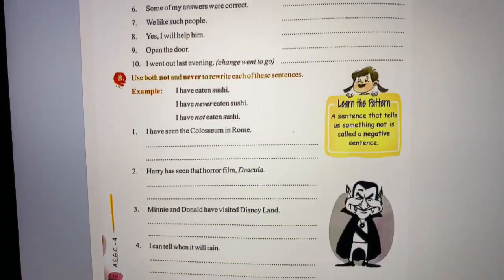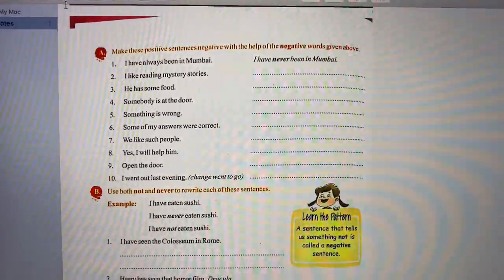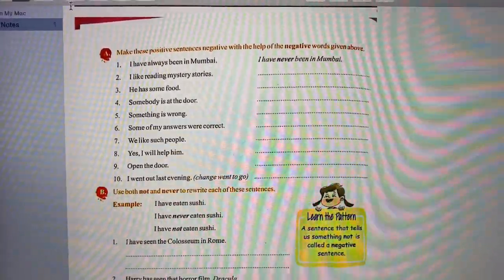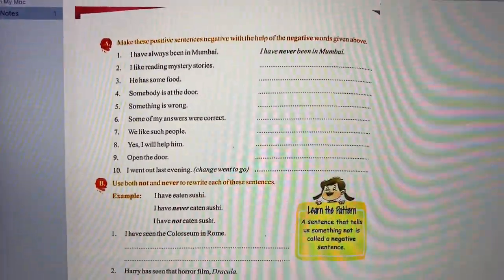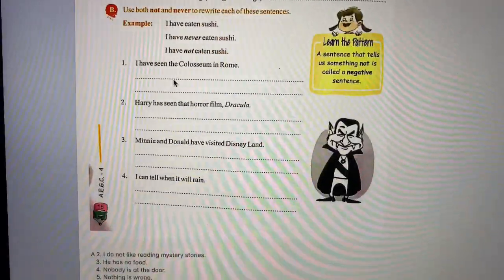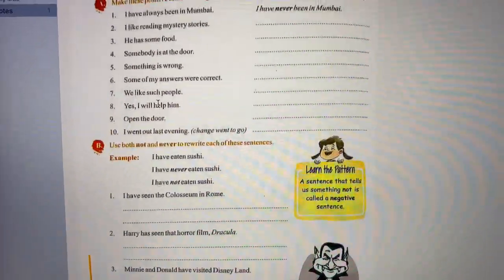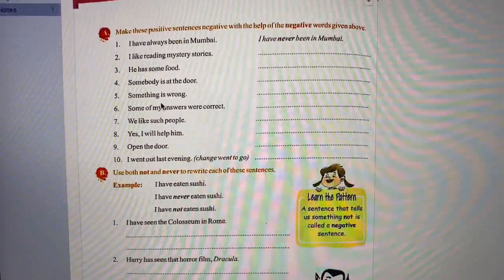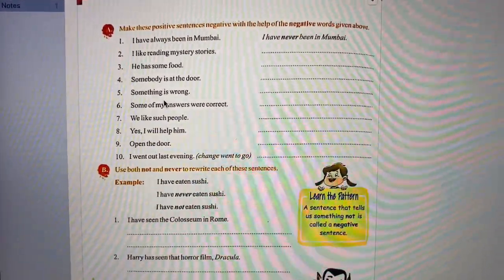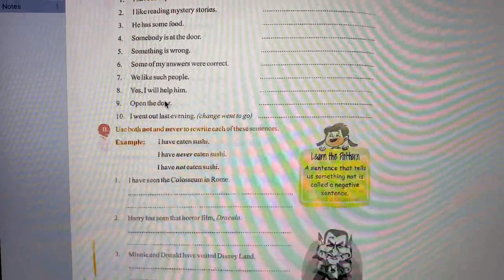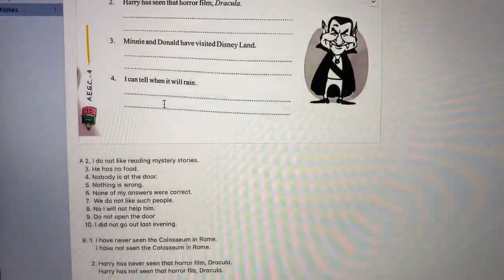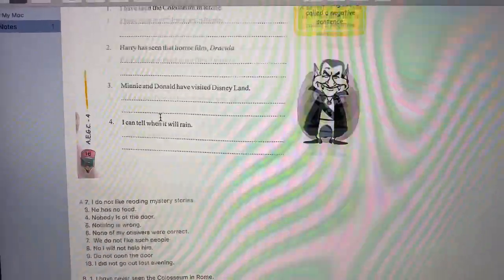So the next one, we have, he has some food, and if you want to change this into a negative sentence, it will become, he has no food. Then we have, somebody is at the door. To turn this into a negative sentence, it will become, nobody is at the door.